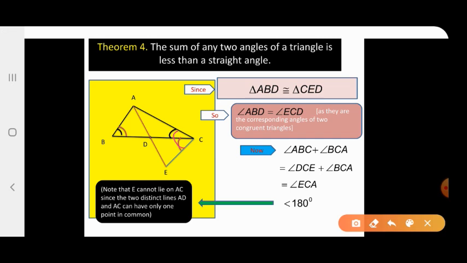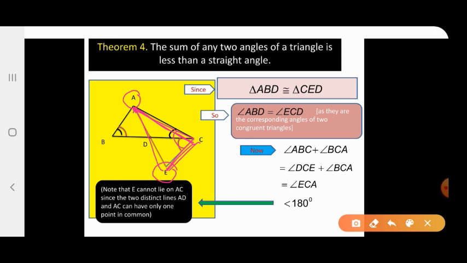For otherwise ACE, that is this, must be a straight line, and then straight line AE and the straight line ACE intersect at two points, point A and at point E. But as you know, two straight lines can intersect at exactly one point, and so there is a contradiction.